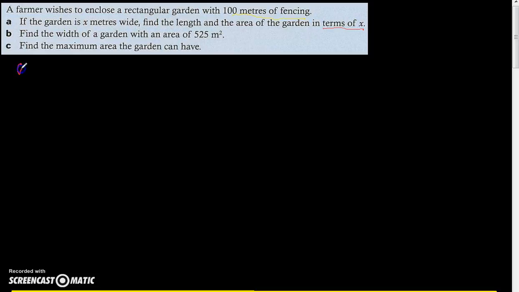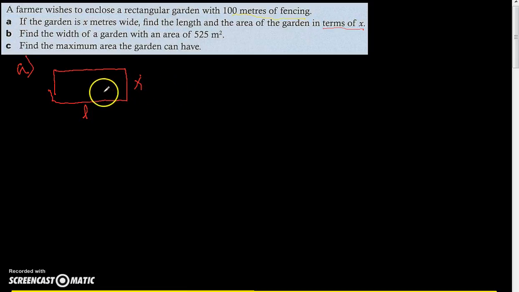Okay, so for part A, let's sketch a diagram first. So here I have a rectangular garden, and let's say it is x meters wide. This is my x meters wide, and let's let L represent my length.